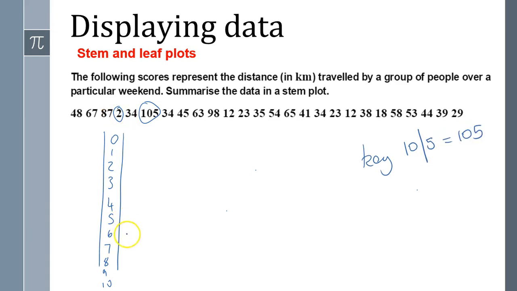Okay, so something like 2 would go up here, 34 would go here, 63 would go here. So I'm putting the tens in the stem and the units as the leaves. If you want to do it that way, try and get it into ascending order to start with, otherwise you're going to have to draw another stem and leaf plot and put it in ascending order. Right, so if you want to have a go at that, you can pause it and finish it off.